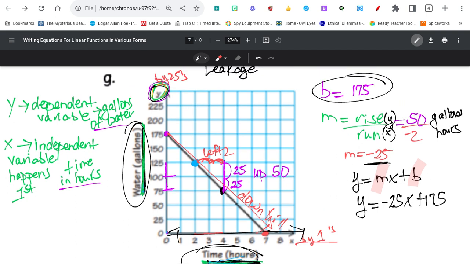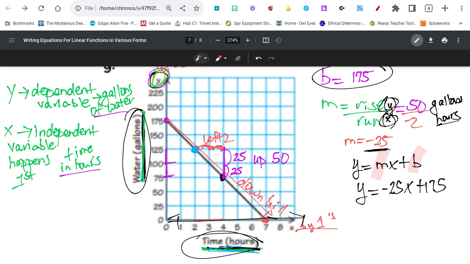For the rise, you want to put the unit on the y, and for the run, you want to put the unit that's on the x-axis. And it'll tell you that that's negative 25 gallons. You just put the word per between them, basically. Negative 25 gallons per hour. And put HR for hour.